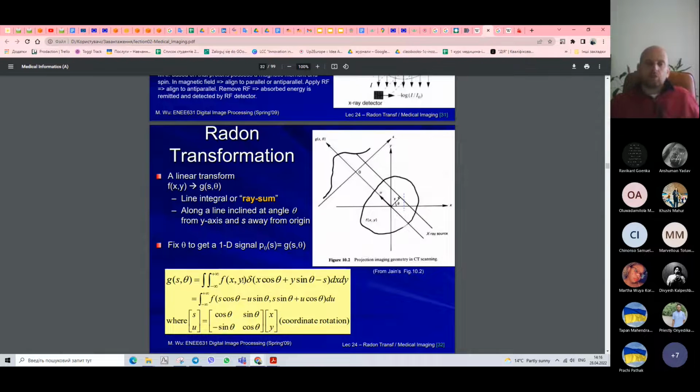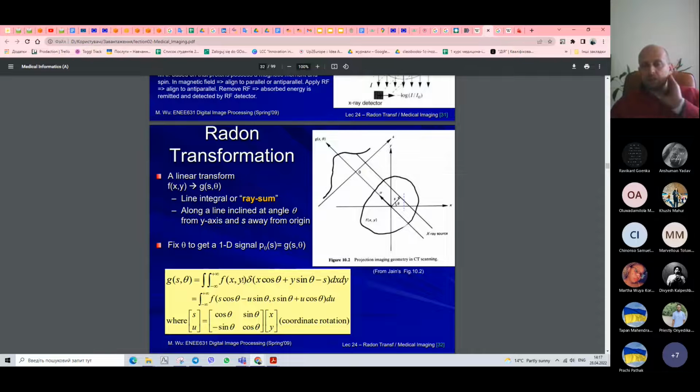What is the Radon transformation? A linear transform of f(x,y), where it presents a linear integral or ray sum along a line inclined at angle theta from the x, y axis and s away from the origin. Fix theta to get a 1D signal p(s, theta).